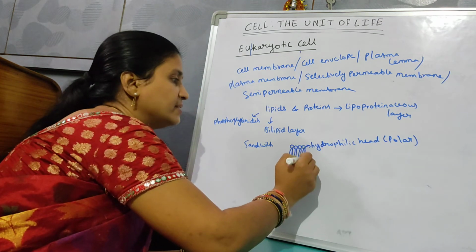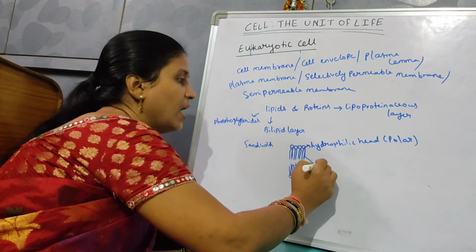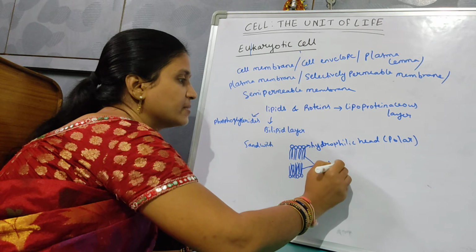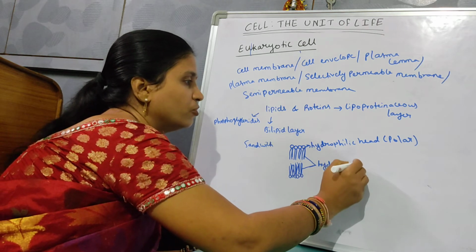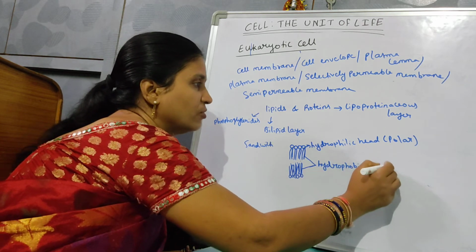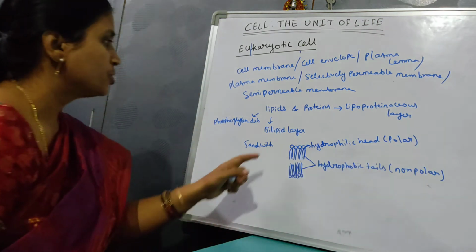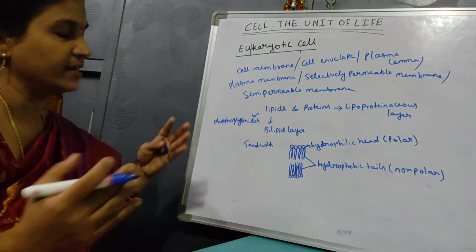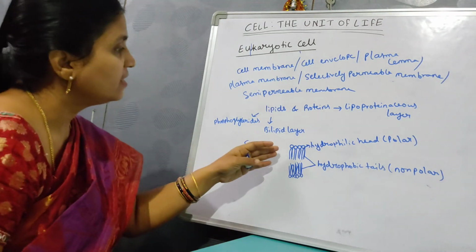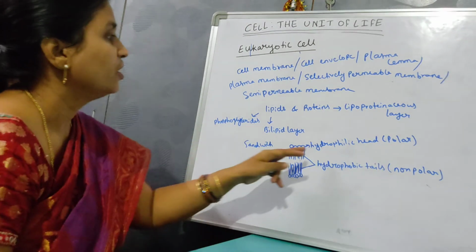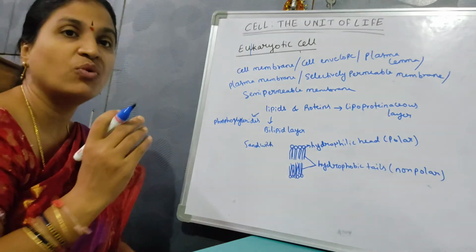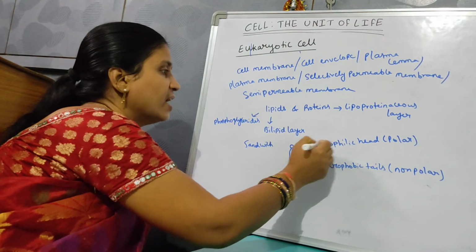These are the tails. These both are the hydrophobic tails, which are non-polar. The heads are towards the outer side of the cell, and the tails are towards the inner side. Hydrophilic means liking: philic means liking, hydro means water.